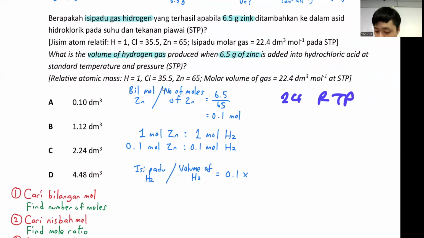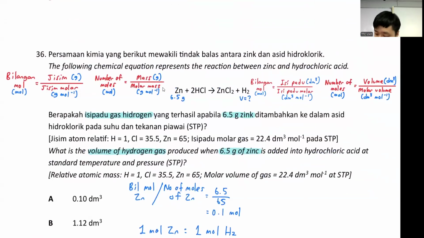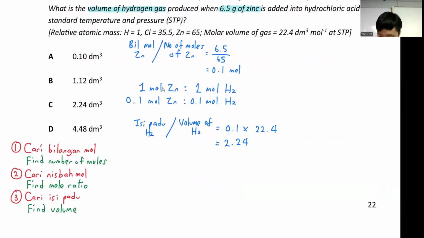Since they give you this, of course they follow. So multiply 22.4, you get 2.24. Now, unit: dm cube. Remember? So the answer is C.